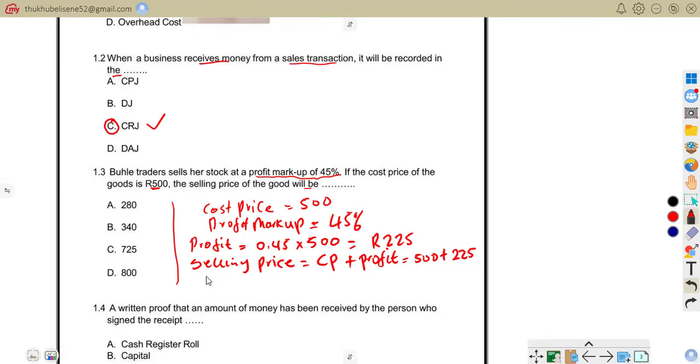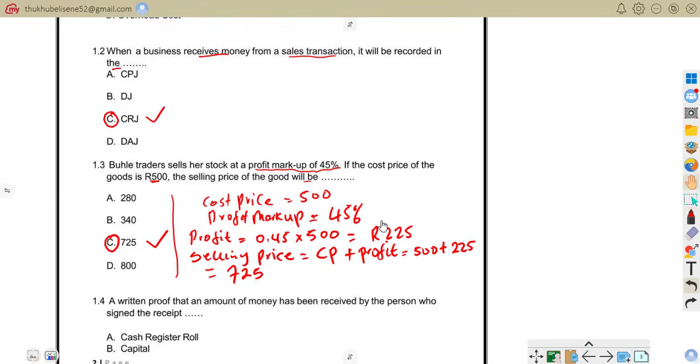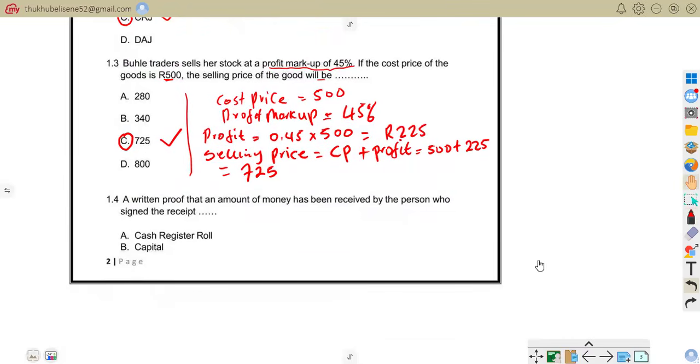And this will give us how much? 725, which is C. So the correct answer is C. The selling price of the goods will be 725. Now let us move on to 1.4.